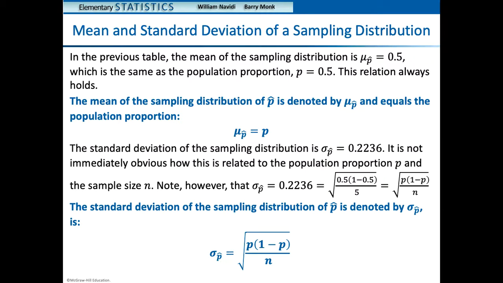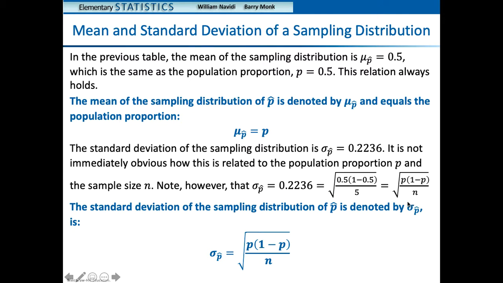Now, the standard deviation of the sampling distribution is 0.2236, and this is also related to the population proportion and the sample size. It's not obvious just by looking at that number what that relationship is, but it's governed by this formula here. It's actually the square root of p times 1 minus p divided by n. So p is the population proportion, which is 0.5. n is the sample size, which is 5.